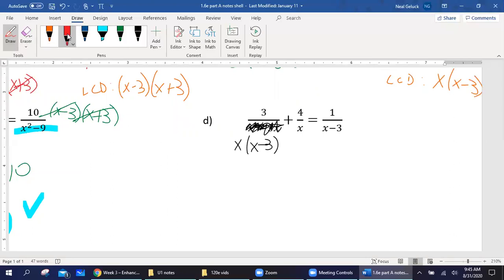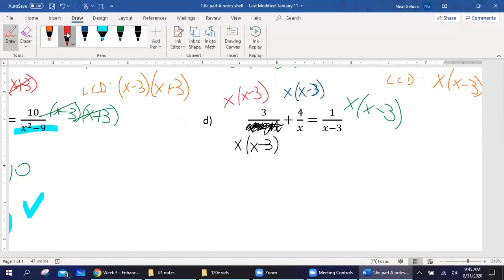So just like the last one and all the other ones, I'm going to multiply every term by the LCD. And just so you know, this is a legal math move because I am multiplying both sides of an equation by the same thing, so it does preserve the equation.